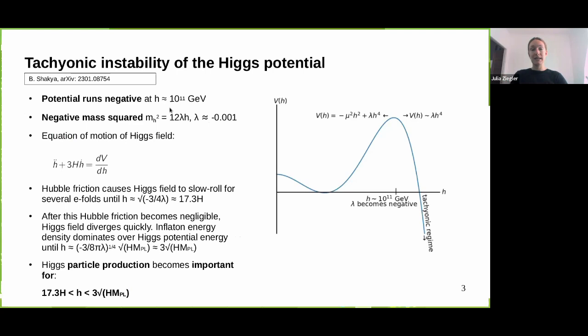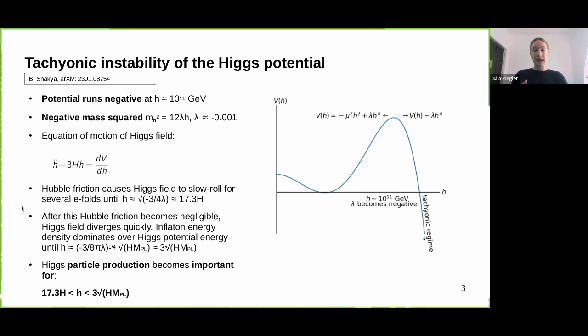I've written the mass here. The mass squared would be proportional to lambda. Oh, sorry, there's a square missing, lambda times h squared, and then the lambda would run negative at high energies. And then we have a negative mass squared. The equation of motion for the Higgs field you can see here. And until about 17.3 times the Hubble constant, Hubble friction causes the Higgs field to slow roll for several e-folds.